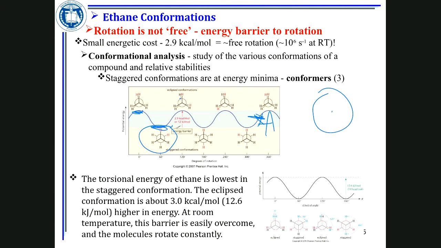When we rotate, the energy is going to be lowered gradually until we get to the minimum amount of energy, which represents the maximum distance between the hydrogens attached to carbon 1 and the hydrogens attached to carbon number 2. The difference in energy between the eclipse and staggered is about 3 kilocalories, or 2.9. And this energy would be provided at room temperature. It's not a lot of energy.